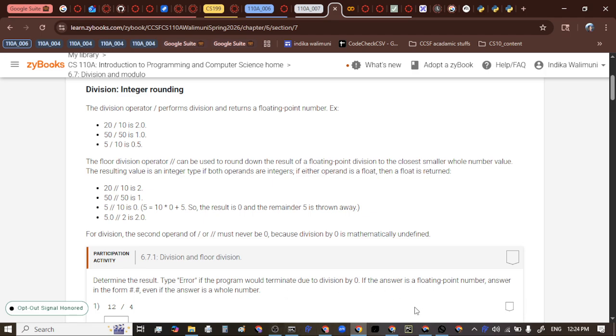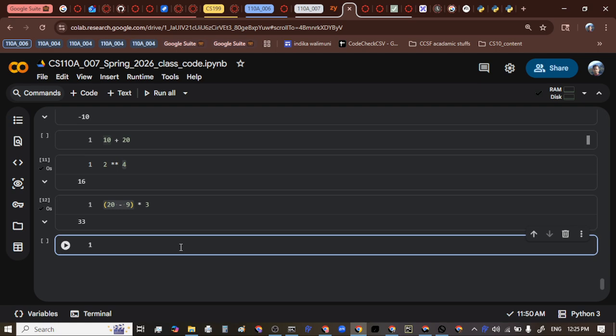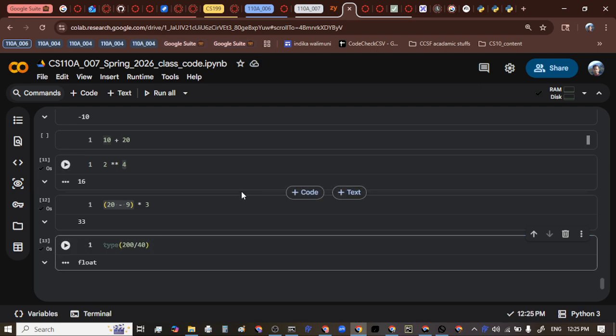For example, if we take two integers, let's say 200 divided by 40, and check the type of it, it's still a float, even though the answer looks like an integer, like 5 in this case.